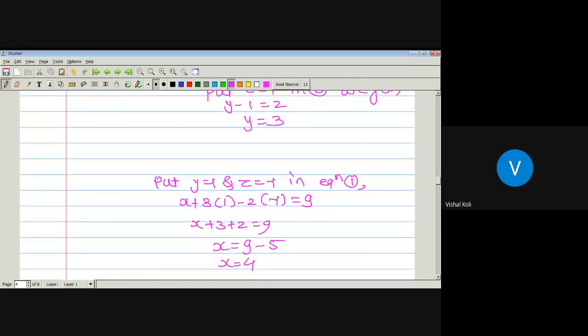Put y = 3 and z = 1 in equation 1. x + 9 - 2 = 9, x + 7 = 9, so x = 2. So x = 2, y = 3, and z = 1.